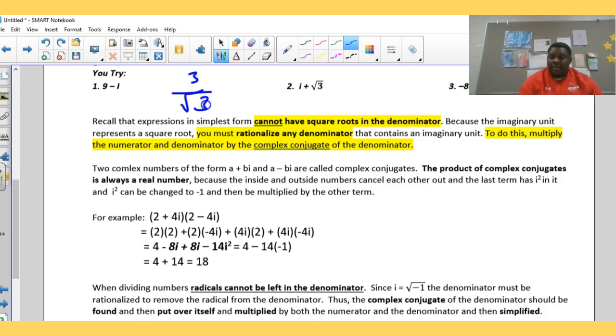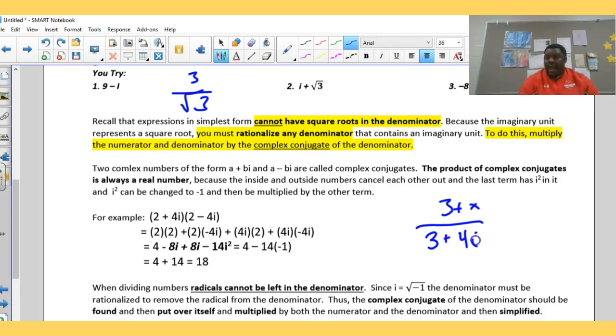You cannot have some expression over, let's say, 3 plus 4i. You can't have a complex number in the denominator. You have to rationalize this. Rationalize the denominator, a very important word right there. The way you rationalize this is you multiply the top and the bottom by the complex conjugate of the denominator.